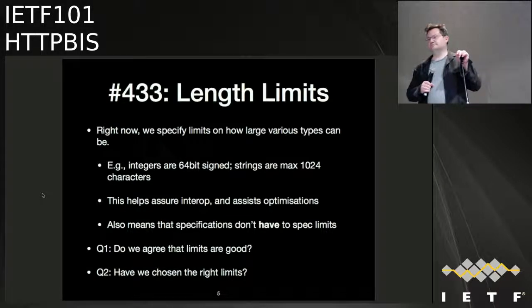So, for this particular issue, if there are limits on how to do a specific element of the parsing, is that going to be enforced by the parser, or is it going to be enforced by the recipient of the header field? Right now, it's enforced by the parser.